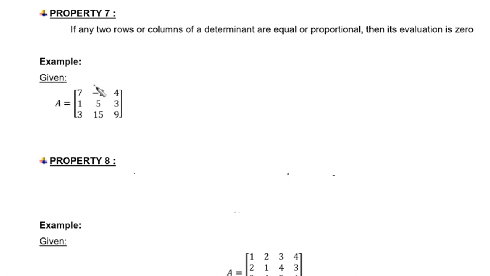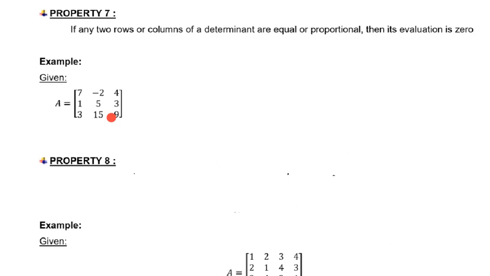So we have here an example. In the given matrix A, we notice that row 2 and row 3 are proportional.